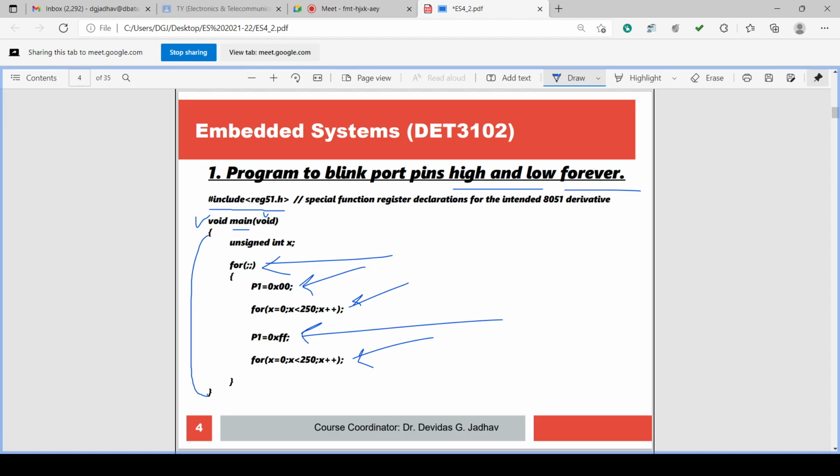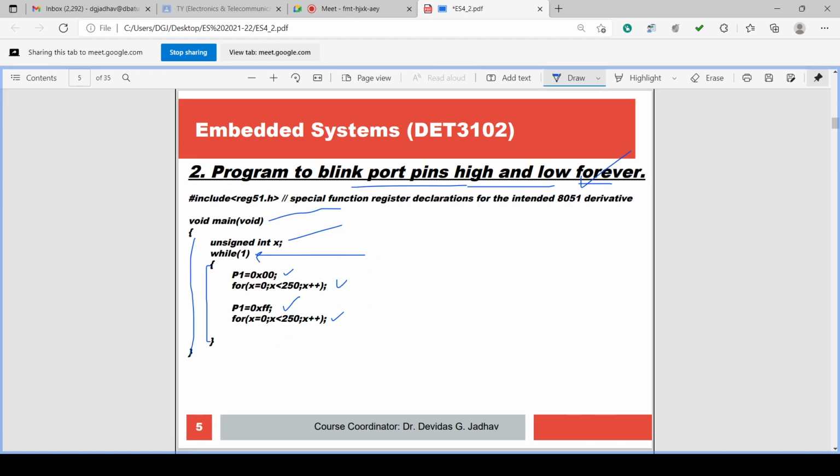But in the first program, the blinking is continued for infinite time, so it is forever. In the second program also, with this strategy, the blinking of the LED is continued for infinite time. In both first and second programs, the blinking continues forever, and for that we have used infinite loops.